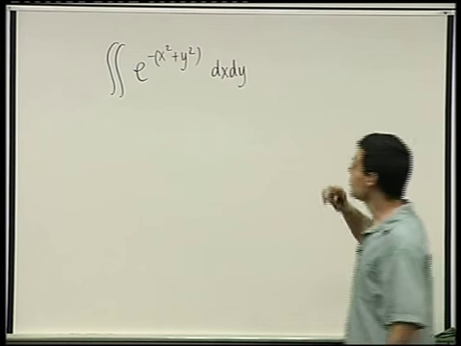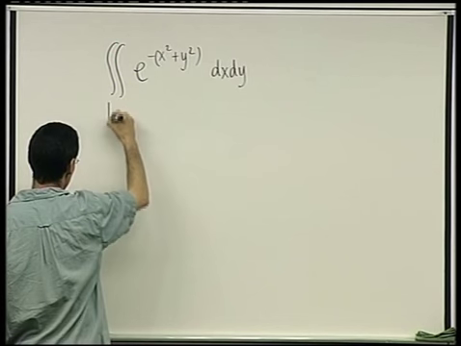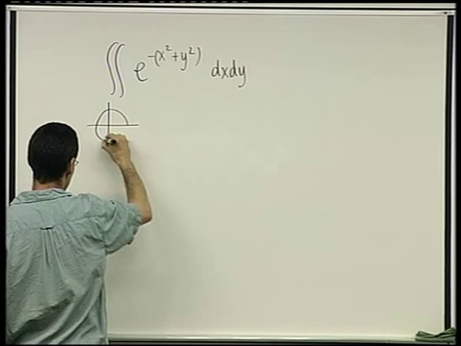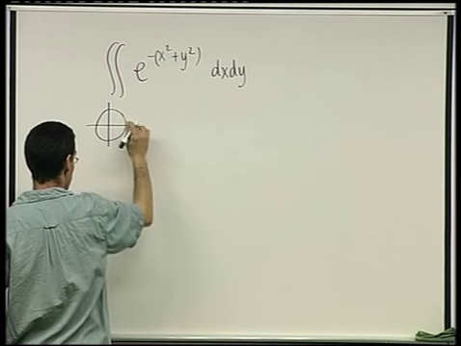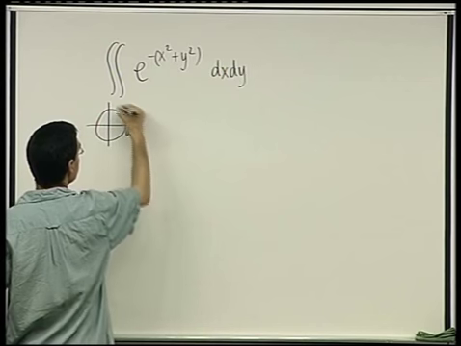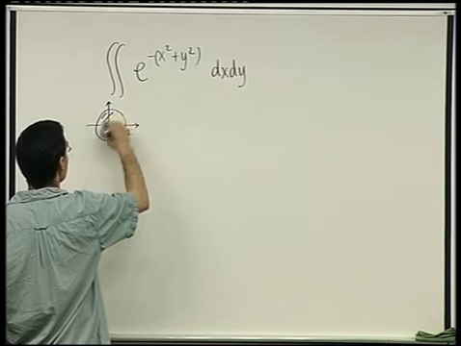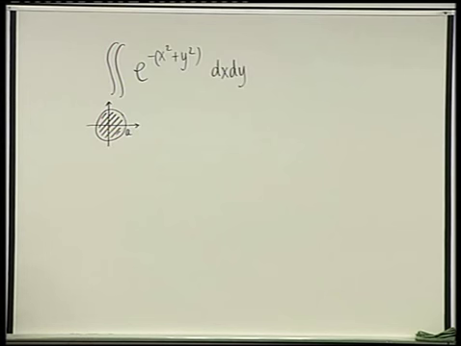And let's do it over the domain. The domain is going to be a circle of radius a. A circle centered at the origin of radius a. This is D. This is the domain over which I want to calculate this integral. Okay? Now a good question would be why?